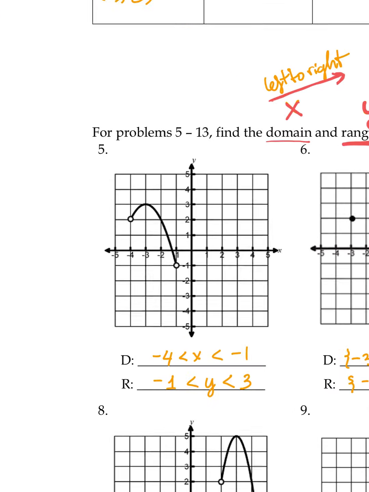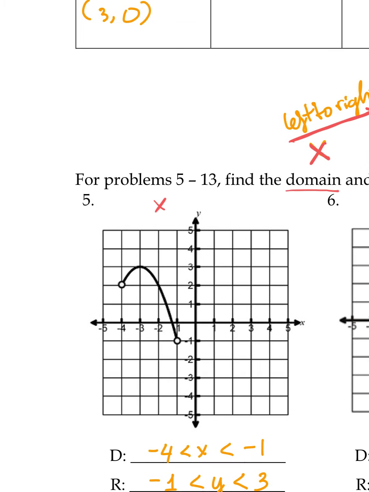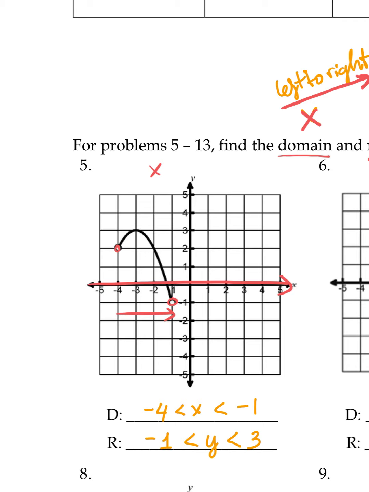All right, so to find the domain of number 5, domain is we're looking at the x, right? So this is your x-axis. It's starting at -4, right? Open circle, and it's ending at -1. So it's gonna run from -4 to -1 on the x-axis. So the domain will be in between -4 and -1.